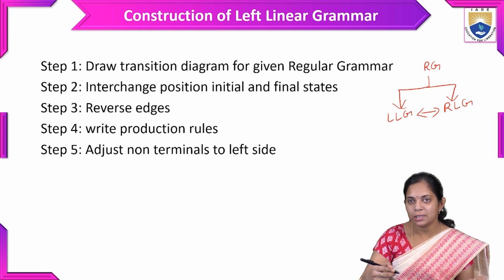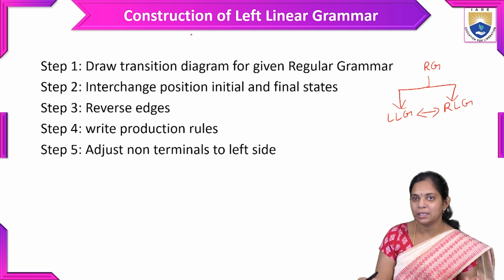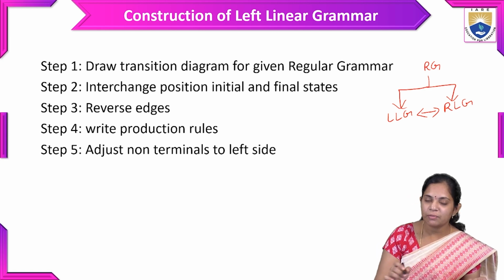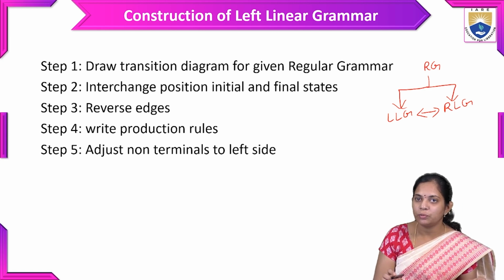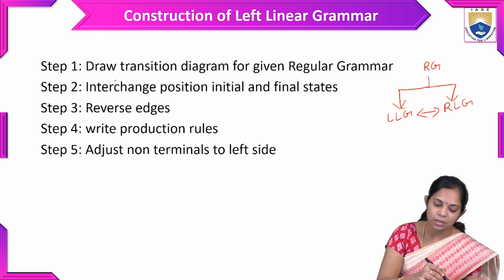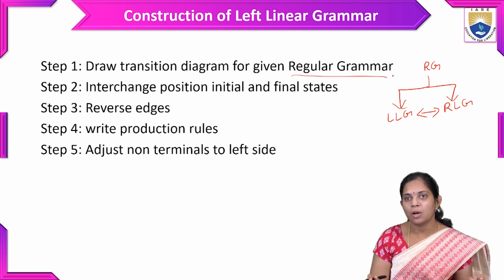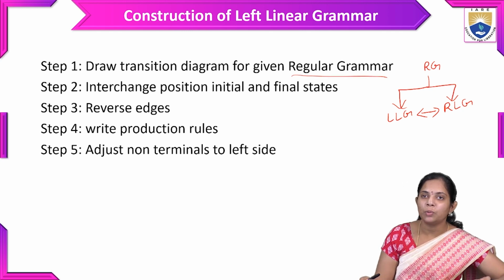So here, in the first procedure, the construction of left linear grammar, what is the first step? Draw a transition diagram for the given regular grammar. How to write this transition diagram? That is nothing but finding the finite automata for the given regular grammar.